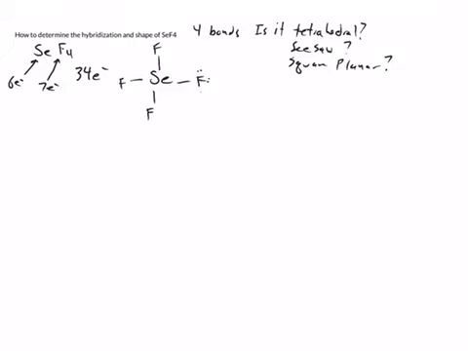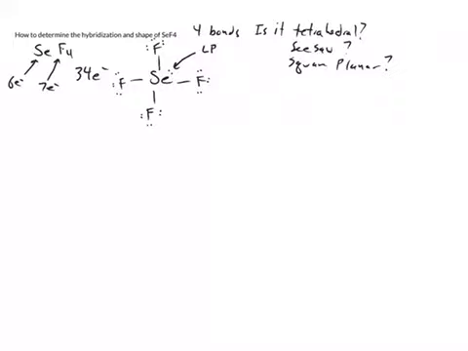So if we do this, that's only 32 electrons. So I need 2 more electrons, and I'm going to put those as a lone pair. Okay? Because that's going to be my 34 electrons.